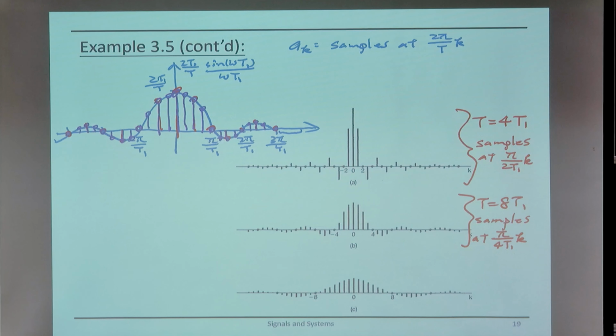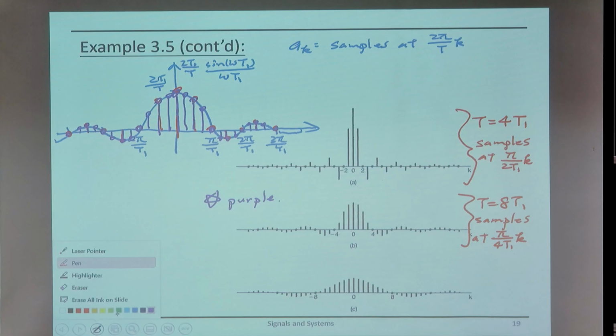This is for the purple case. You can compare to see that this is indeed the case.